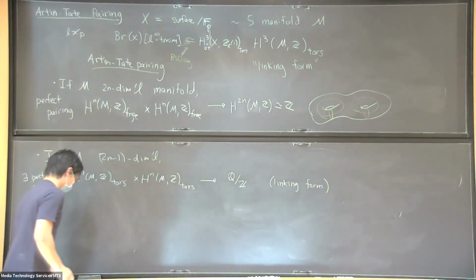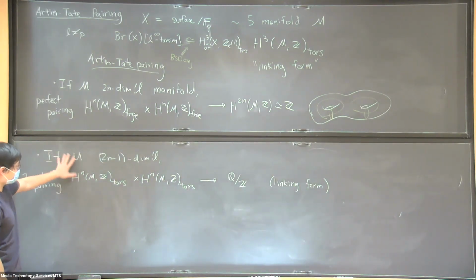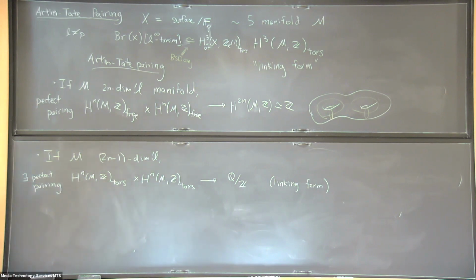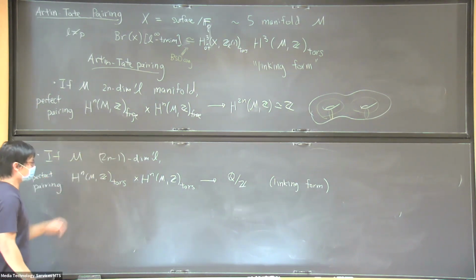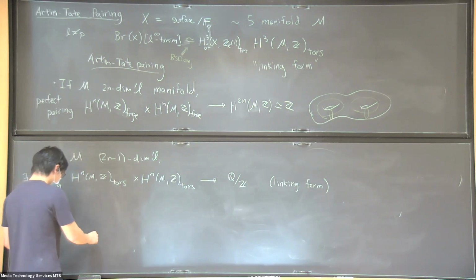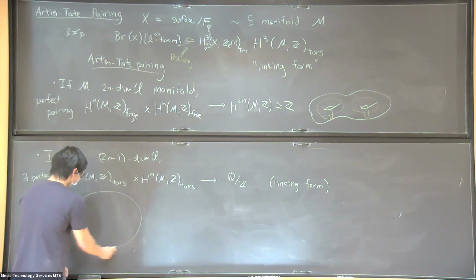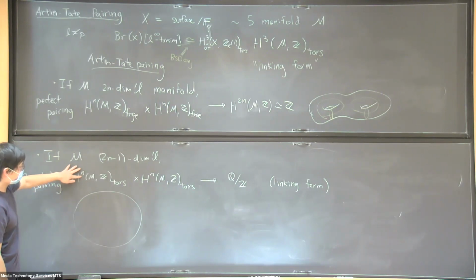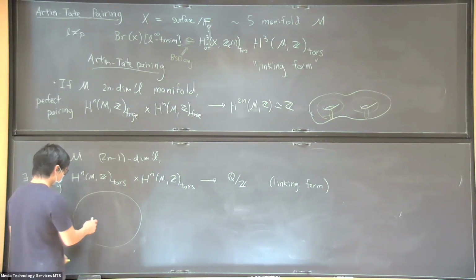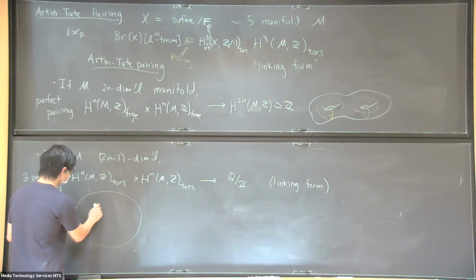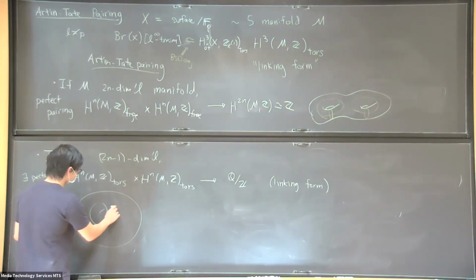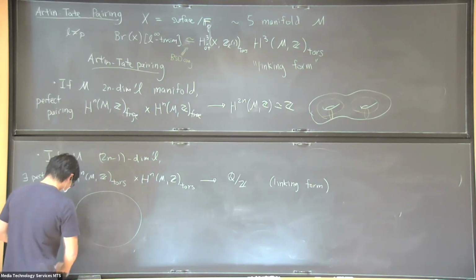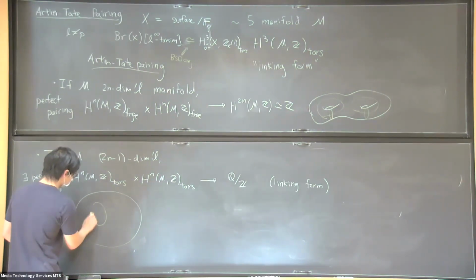So now let's give ourselves an odd manifold. Let's say a 3-manifold. This is the smallest dimension I can draw, which is interesting. In this ambient 3-manifold, I would be considering degree 2 classes, or in terms of cycles, they would be one-dimensional cycles. So this time they don't intersect.